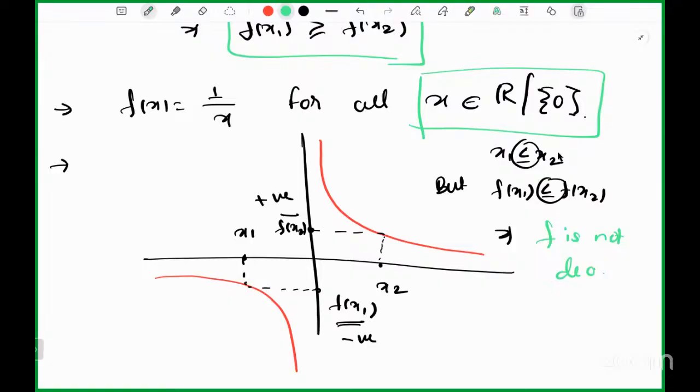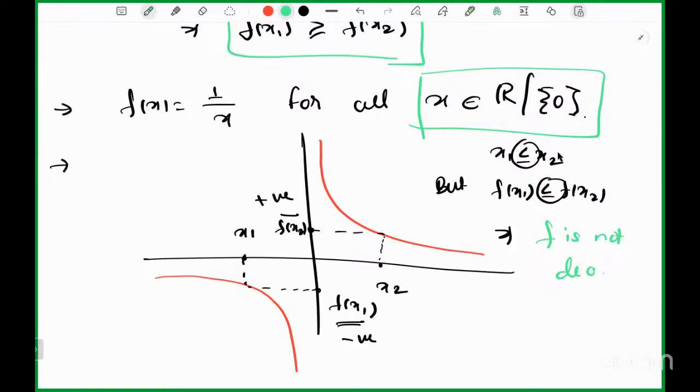If it is not mentioned, then also you have to take the whole set of real numbers. Whenever they haven't mentioned any specific value or any specific range of x, you have to consider all real numbers.